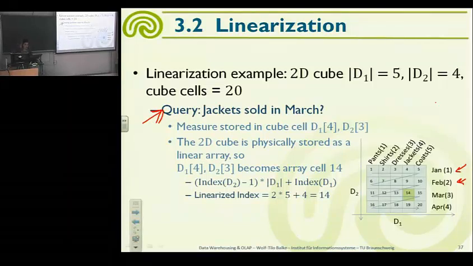So now, finding the jackets that were sold in March, this means you have to jump 2 rows of the cardinality of the time dimension, which is 5. And then once you reach the third row in the time dimension, what you need to do is now to jump until you find the jacket. So you need to jump 1, 2, 3, and the 4th cell would hold the jackets.